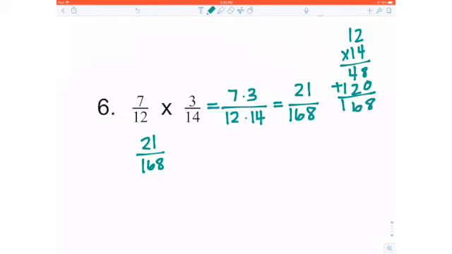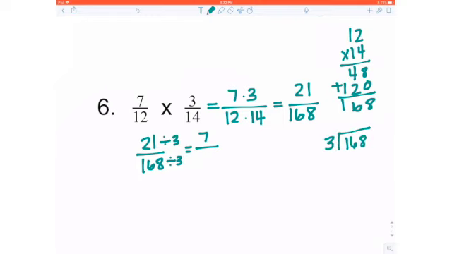Remember the rule of 3 I taught you. So let's go ahead and divide both of these numbers by 3. 21 divided by 3 is 7, and 168 divided by 3, I'm going to do over here, a little lower so we have space to work.